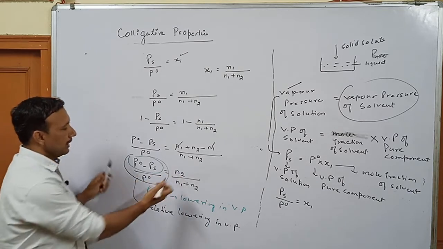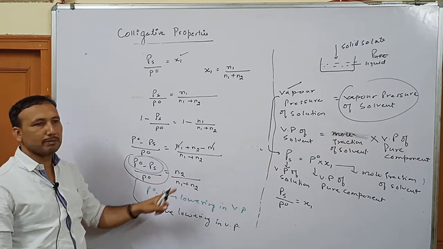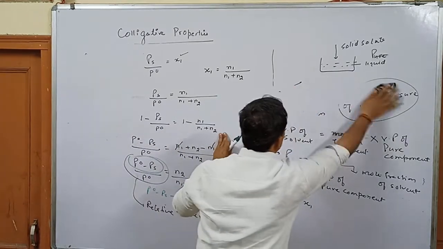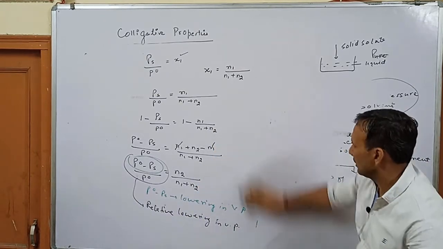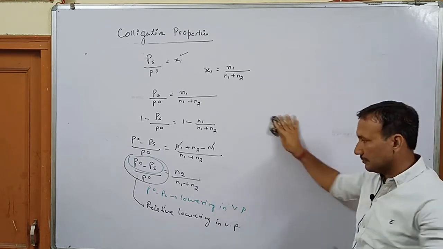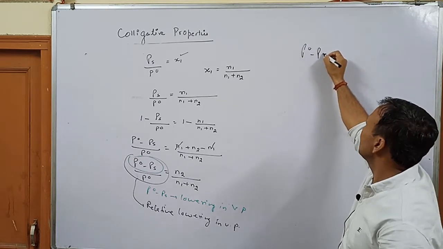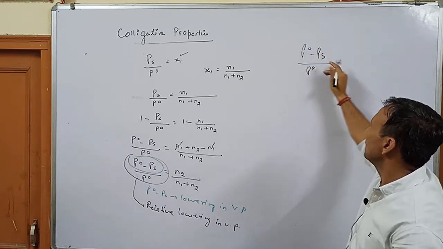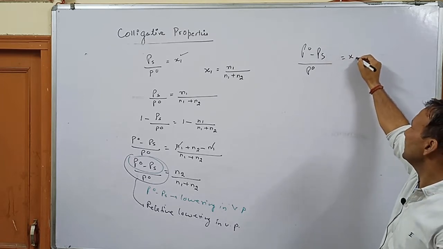That is equal to N2 over N1 plus N2. And what is N2 over N1 plus N2? This is known as the mole fraction of solute in this solution. That is, P0 minus Ps over P0, the relative lowering in vapor pressure, is equal to X2.